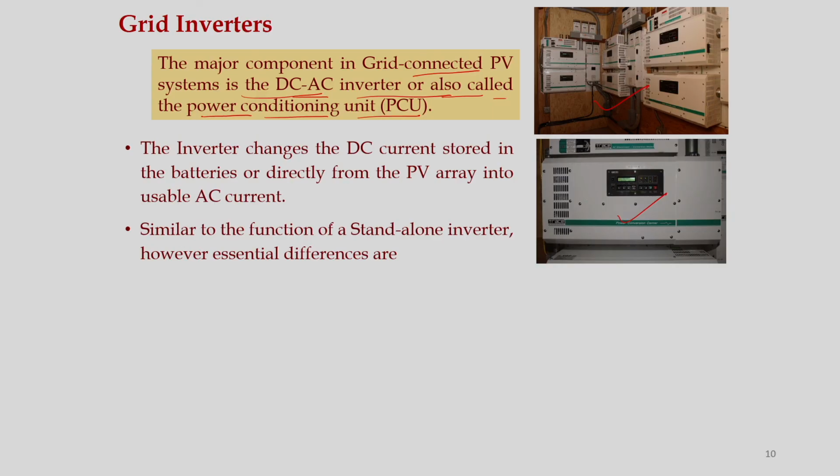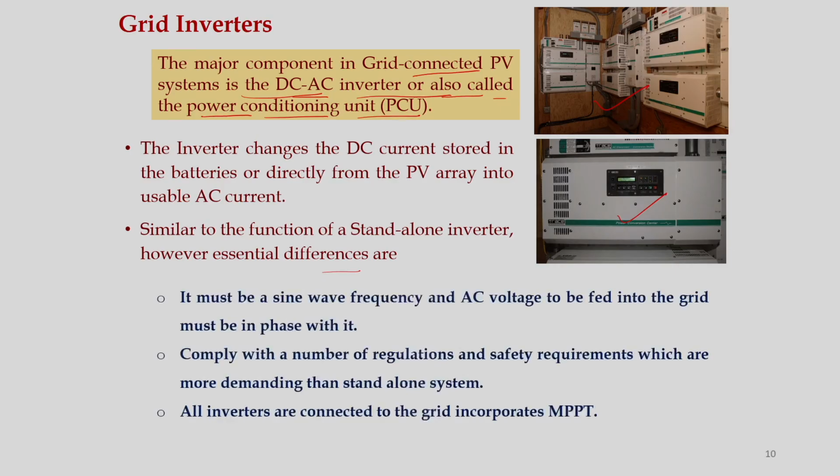If we compare with the inverter available for standalone systems, there are some differences. In the inverter used in a grid connected system, the output must be a sine wave, and the AC voltage fed into the grid must be in phase with the grid frequency and voltage.